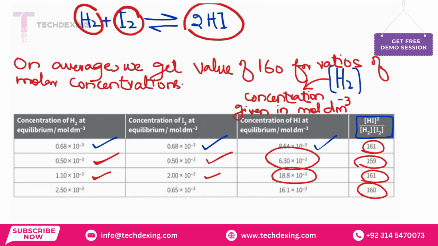And because of this fact, you are getting the same value for the ratio of molar concentrations. So keep in mind that this constant value that we have got, 160 on average, is called the equilibrium constant.